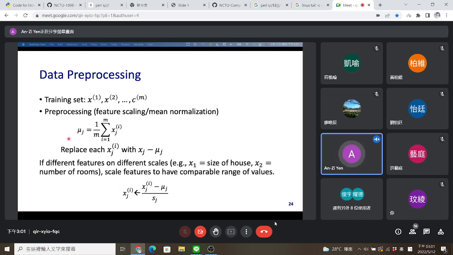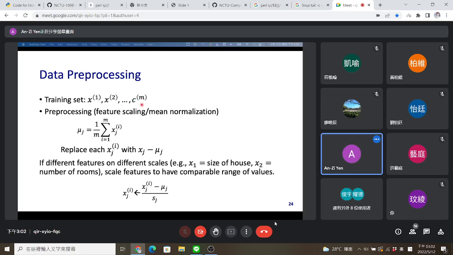In fact it is exactly the same procedure except that we are now doing it to our unlabeled data from X1 through XM. Sorry, here's a typo. This is XM, from X1 to XM.